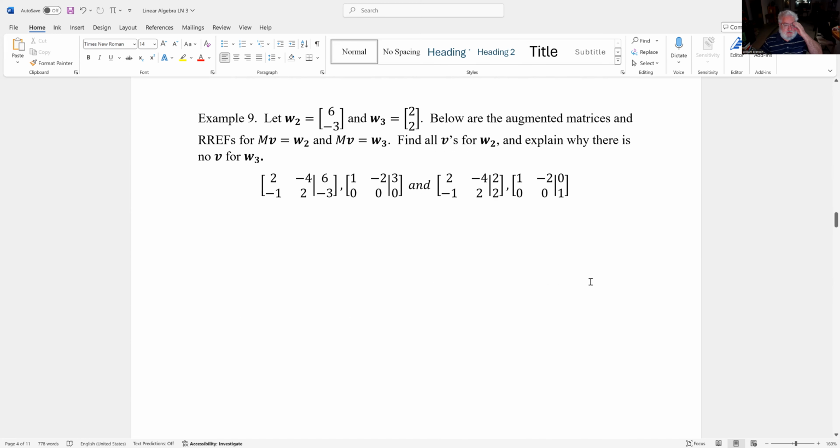So here are two examples. W2 is 6 minus 3, W3 is 2, 2. So we think of this again as being an arrangement in the codomain, and this is being an arrangement in the range, in the domain. So what do we have here? If we look at 6 minus 3, we know that this vector is just 3 times this vector.